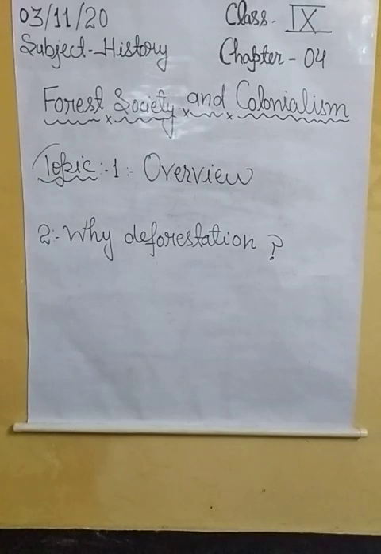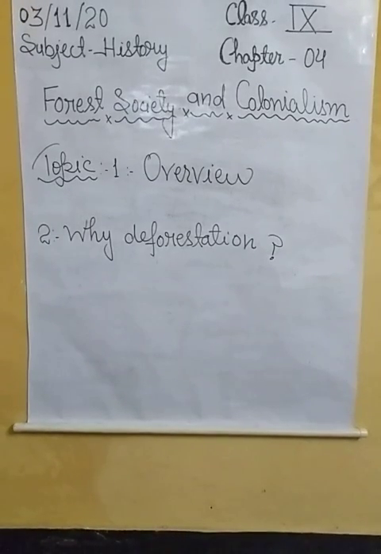So why are they disappearing continuously? As I told you, due to industrialization and modernization. And also for the conservation of the forest species and wildlife, we have to discuss here how we can protect it and conserve it. All right.